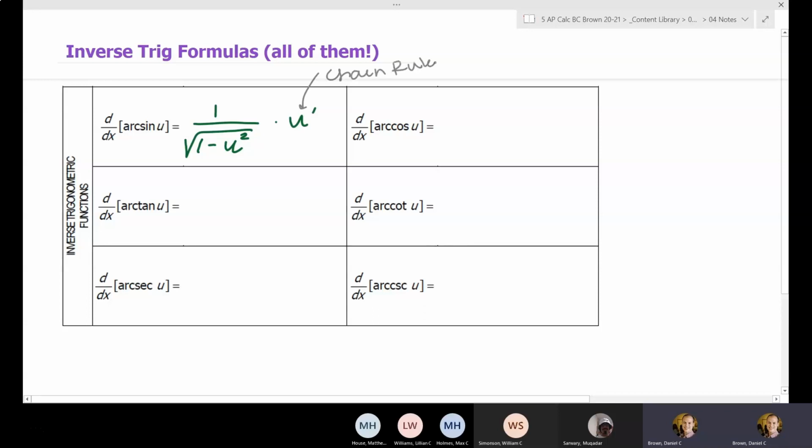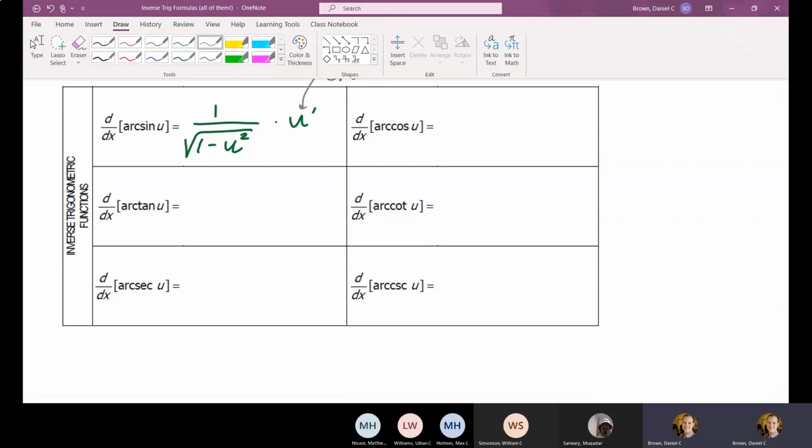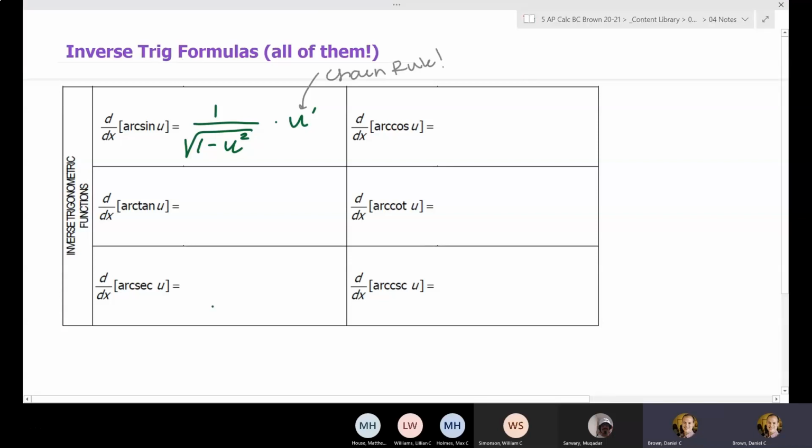In fact, typically you're going to have to use the chain rule. So the derivative of arc sine is 1 over the square root of 1 minus the inside squared, and that order does matter. For arc cosine, it's the same thing, but it's negative 1 over the square root of 1 minus the inside squared, and then there's my chain rule.